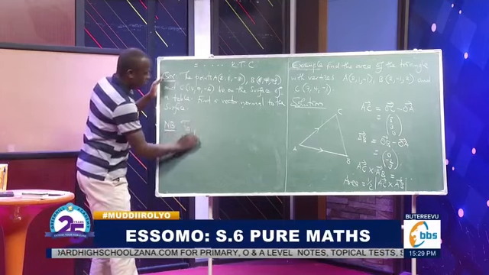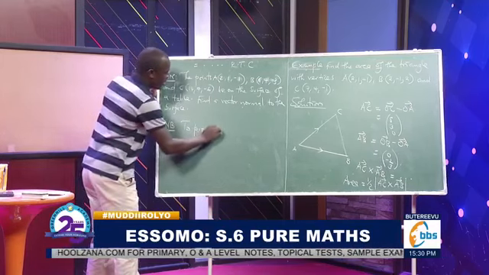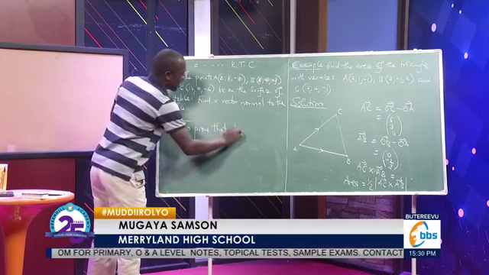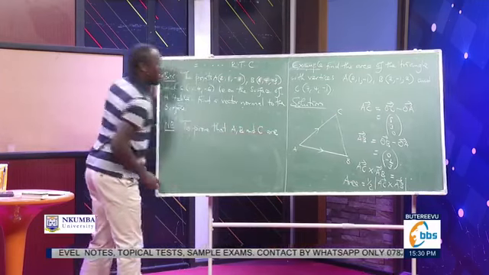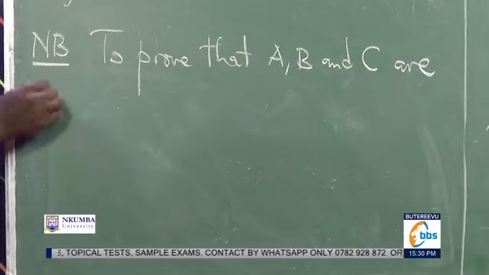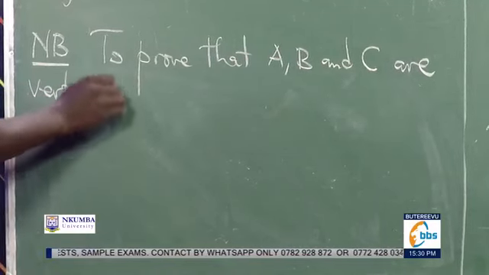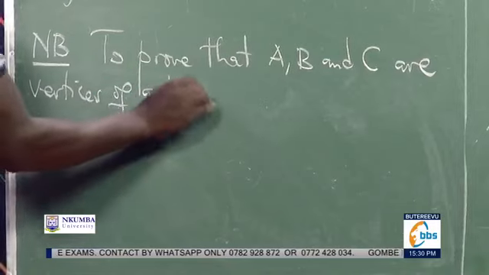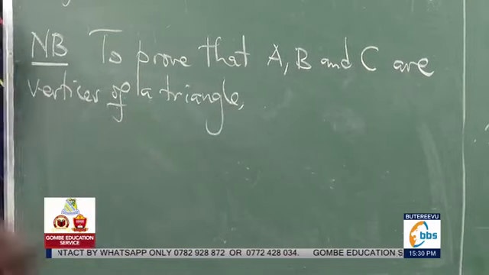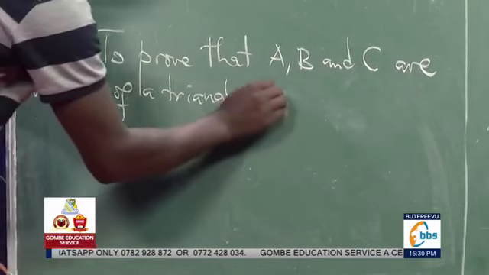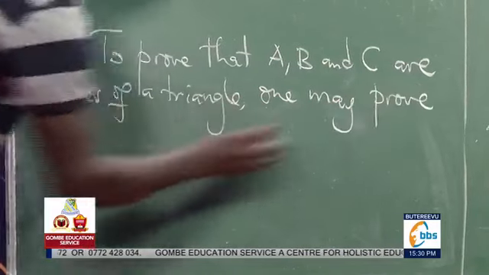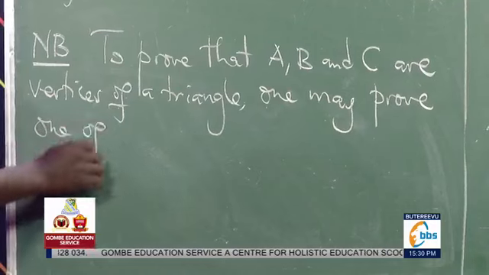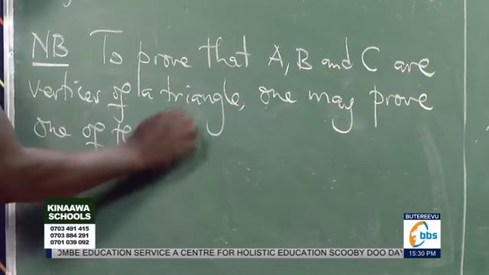To prove that A, B, and C are vertices of a triangle, one may prove one of the following conditions.